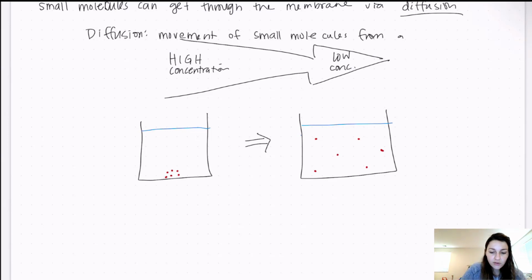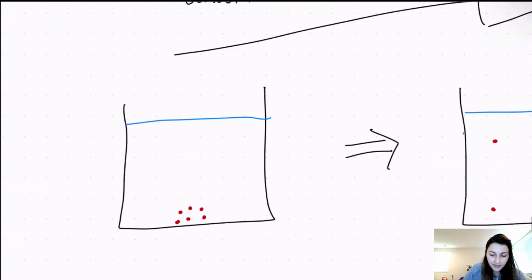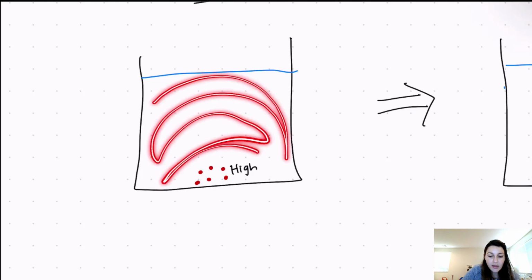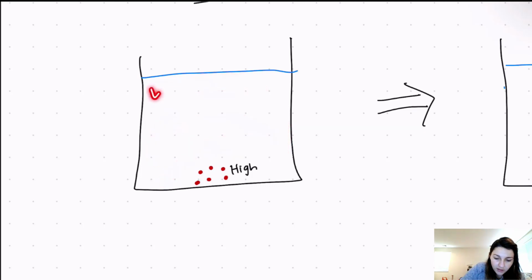So at the start, this would be a high concentration. If I zoom in, this would be my high concentration, and notice that there are no red molecules everywhere else in the cup. So everywhere else is the low concentration.